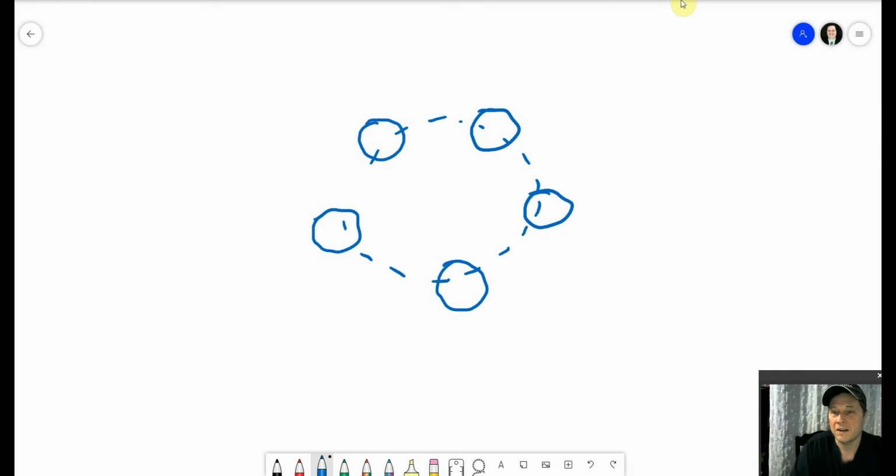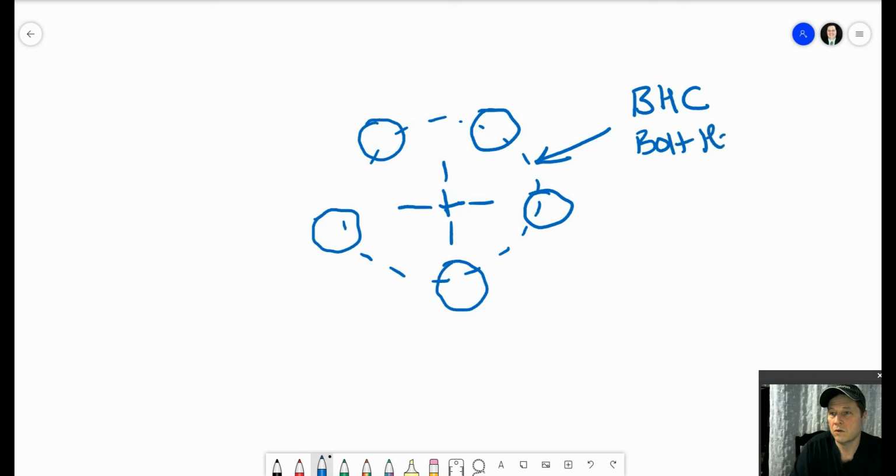Okay, you guys know what this is called? You know what this is a picture of? This is called a BHC, which is a bolt hole circle.